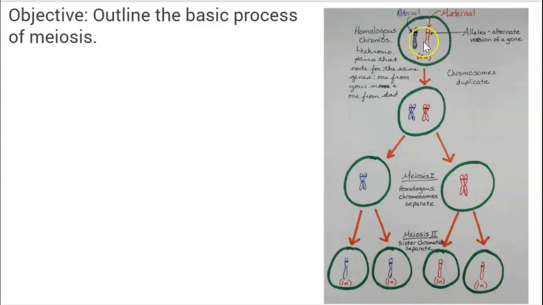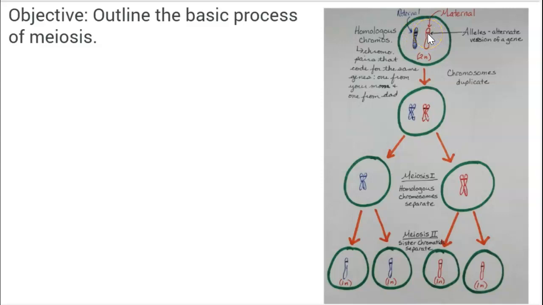I did note on here, just to orient you, that DNA codes for specific genes, which then lead to specific proteins, and an allele is just a specific version of a gene. So let's say you inherited a brown eye allele from your father and a blue eye allele from your mother.